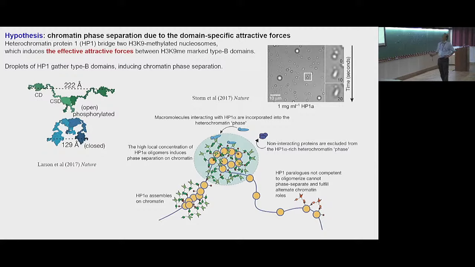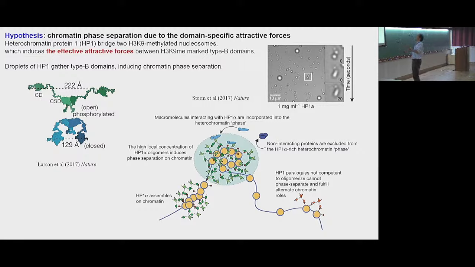When they are methylated, this chromodomain recognizes this mark and binds on the histone nucleosome like this. And the chromoshadow domain can form a dimer. So this can bridge two H3K9 methylated nucleosomes.